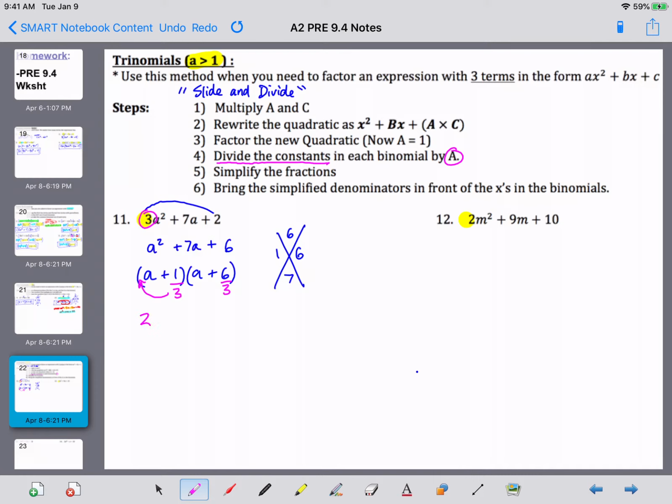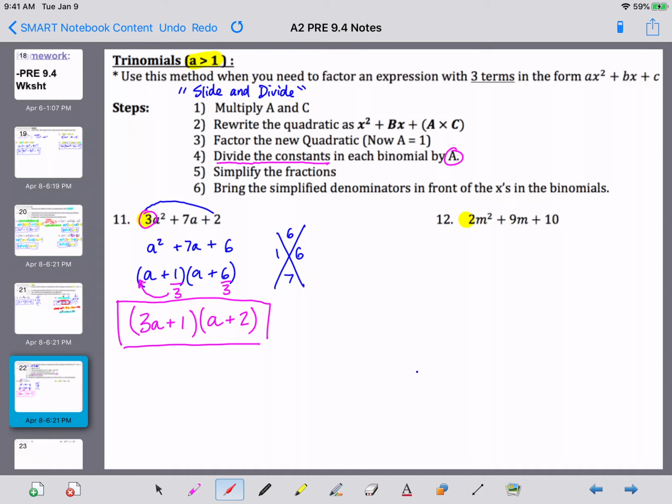So this becomes 3a plus 1 as our first factor. Notice in the second term, though, 6 is divisible by 3, so this turns into a plus 2. Okay, so this would be our final answer.